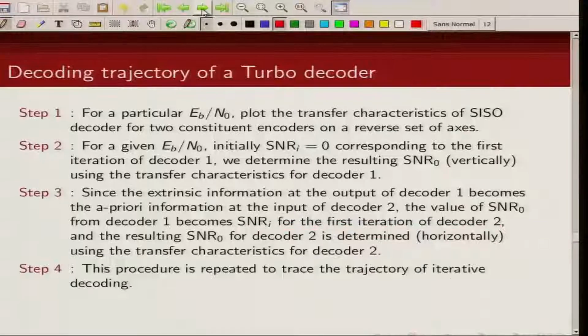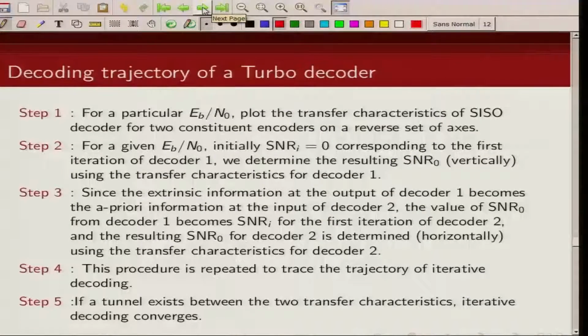Now we look at the transfer characteristics of decoder 2, go horizontally and find the point corresponding to that a priori SNR. What is the output SNR? And this process we repeat to draw the decoding trajectory of the turbo decoder.